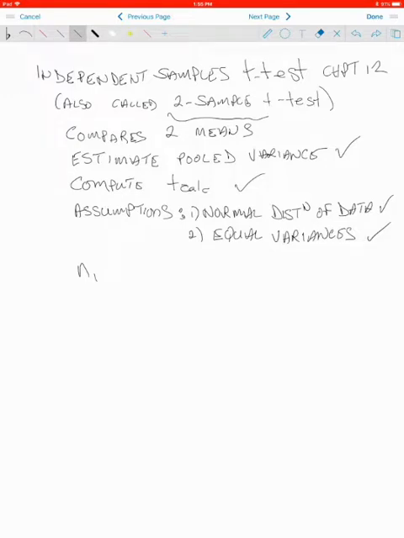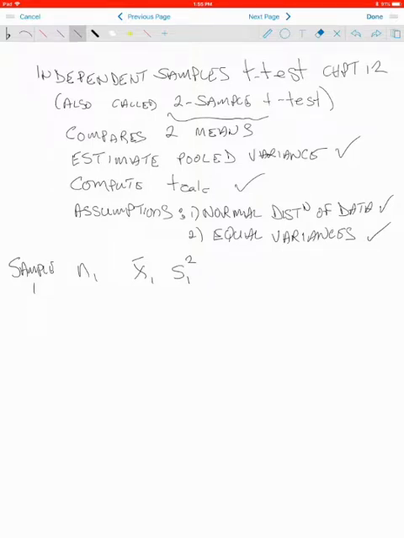So sample 1 might have a sample size of n1, and we will compute a mean for it called x1, and we need to get its variance because we need to use the variance in actually a couple of ways, and I'll just talk about one of them today.